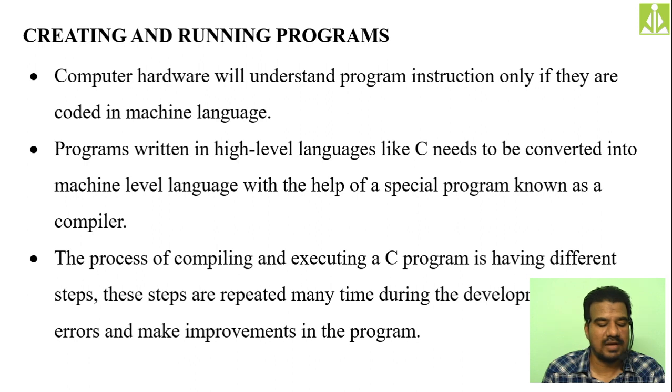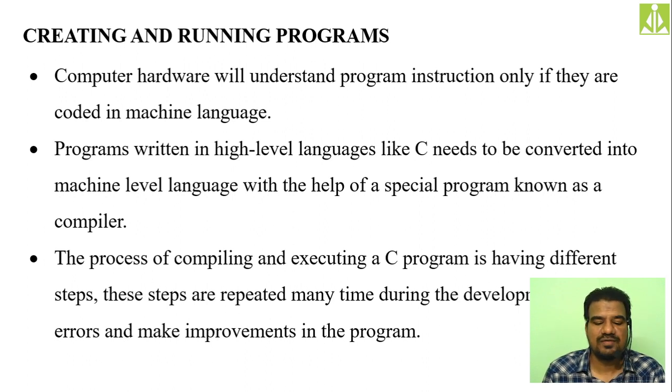A program written in a high level language needs to be converted into machine level language with the help of a special program known as a compiler. We discussed what a compiler is in our previous session, and with the help of the compiler only, we convert our high level language instructions into machine level language instructions.